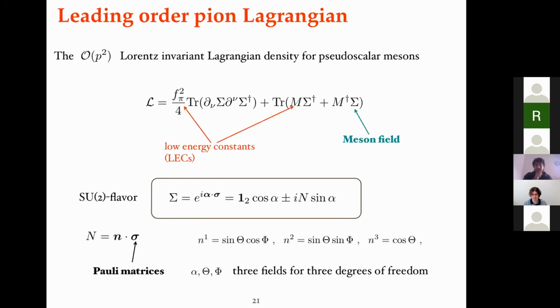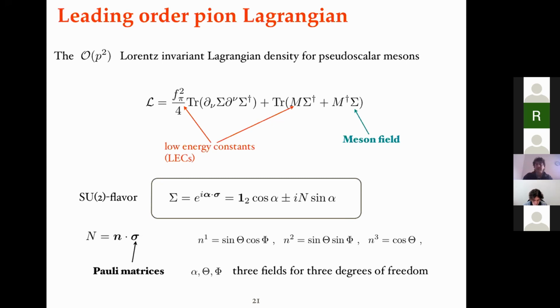I chose this decomposition of sigma in three different fields, alpha, theta, and phi, which correspond to the three degrees of freedom. You can think of them as the pions. But since in the broken phase pions are mixed, the classification using pi plus, pi minus, and pi naught is not really helpful in the broken phase.